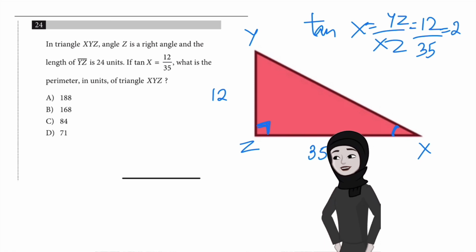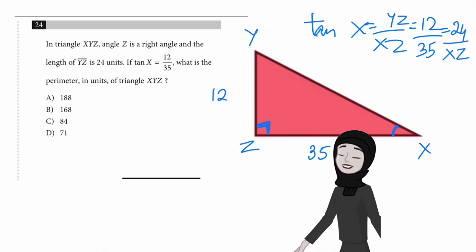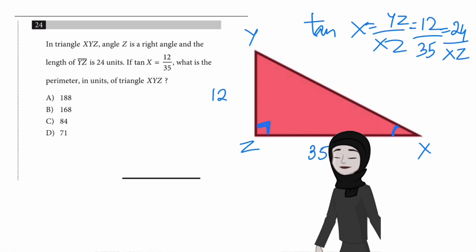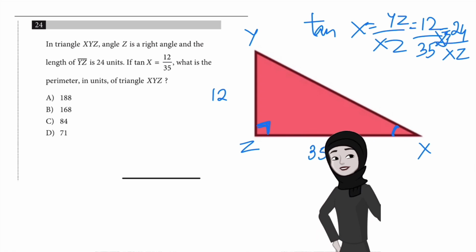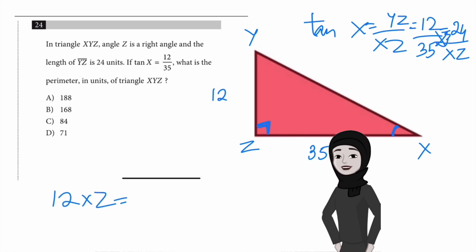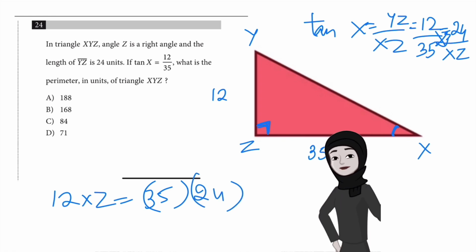12 divided by 35 is equal to 24 divided by XZ. So correspondingly, what will be the value of XZ? There are many ways of solving. Let us cross multiply it and solve it. So 12XZ is equal to 35 times 24.